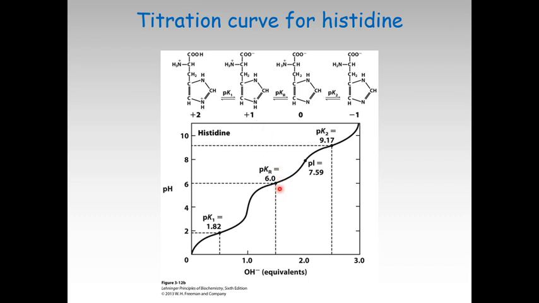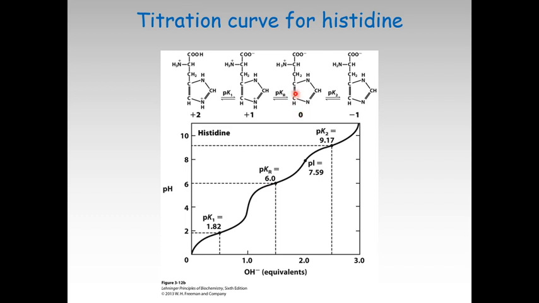Now, at pKa of 6.0, you add more OH minus equivalents, and then you reach another inflection point at a pH of about 7.59. That is when this species is in equimolar quantity with this species, where the charge is essentially neutral because the side chain imidazole has lost its proton.